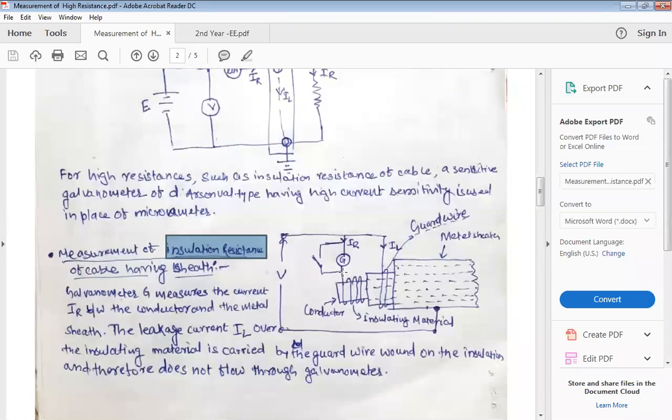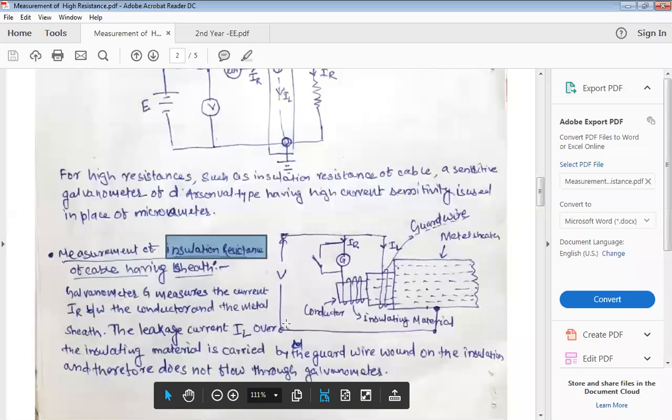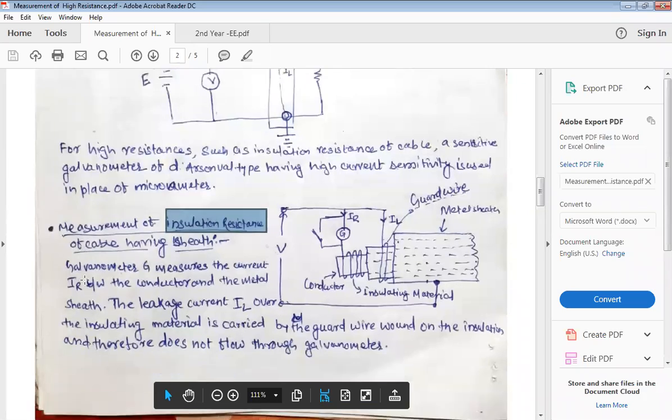The other end of the galvanometer is connected through the metal sheath, and then to the negative terminal of the voltage source.